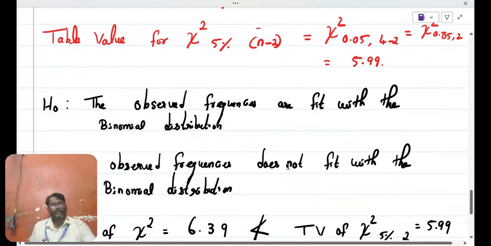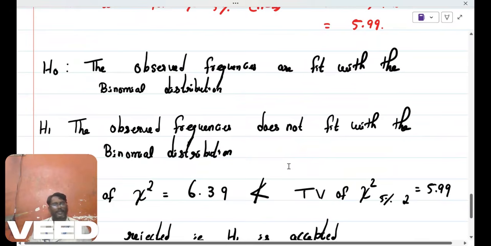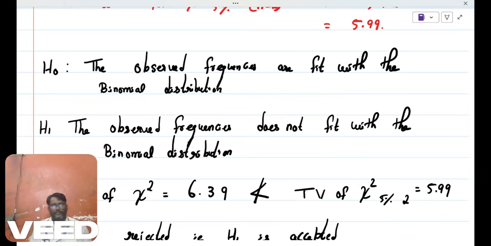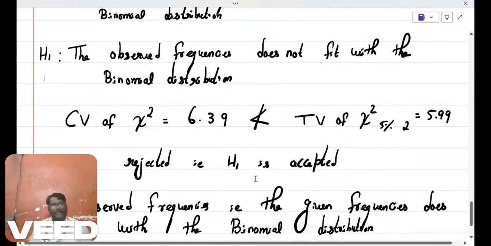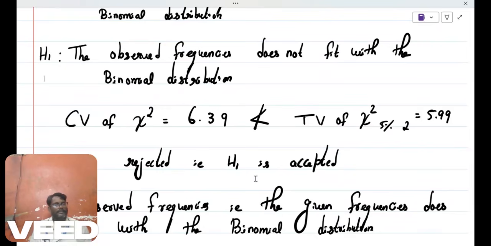Now we'll set the hypothesis. Here H0 is the observed frequencies fit with the binomial distribution, whereas H1 will denote the observed frequencies do not fit with the binomial distribution. Now we have to go for the conclusion. That is the calculated value of the chi-square, here I got it as 6.39, whereas the table value for the chi-square for 5% and the degrees of freedom 2 is 5.99, and the calculated value is not smaller than the table value.